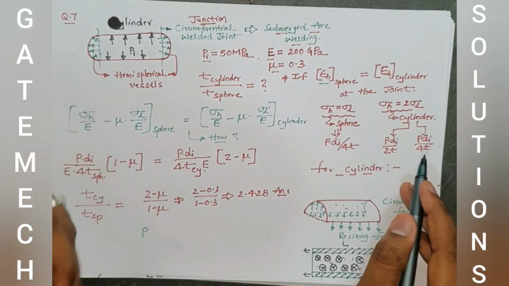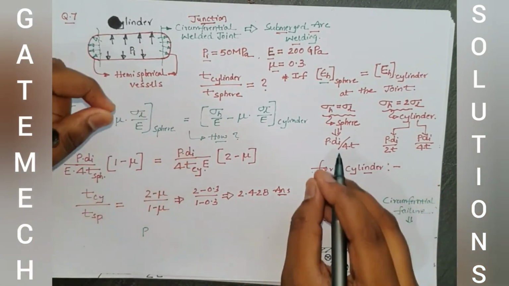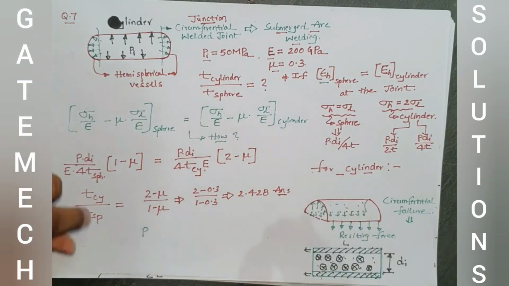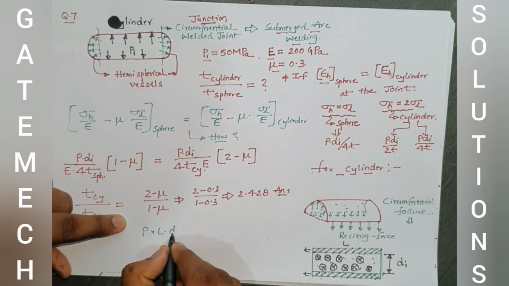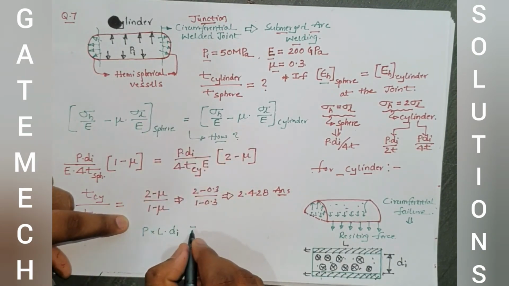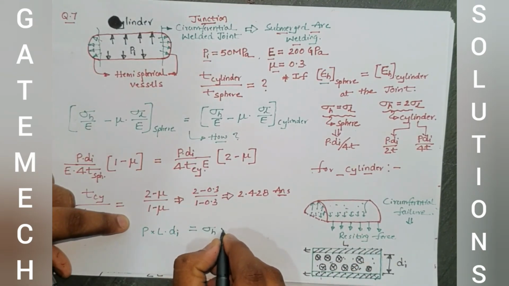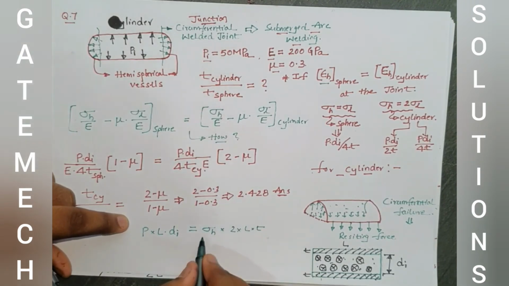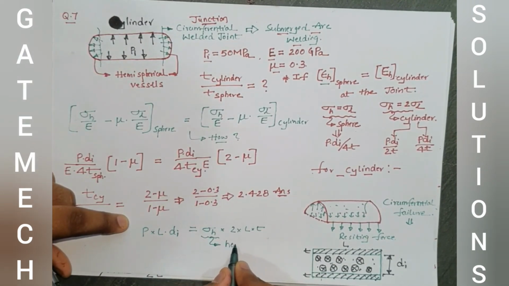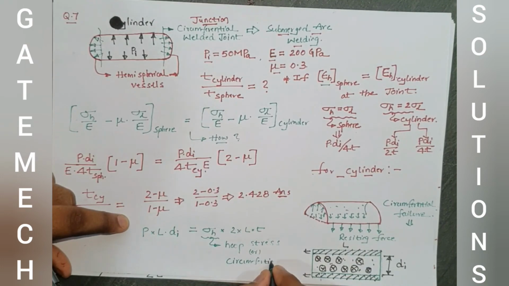Understand? So whenever you want to calculate pressure force on a curved surface, you need to take the projected area. So pressure multiplied by the projected area is P multiplied by L multiplied by D. The pressure force because of the fluid should be exactly equal to the resisting force offered by the material, which is stress multiplied by the resisting area, 2 times L multiplied by T. Whatever stress I have taken can be called hoop stress or circumferential stress, because it is circumferential failure.